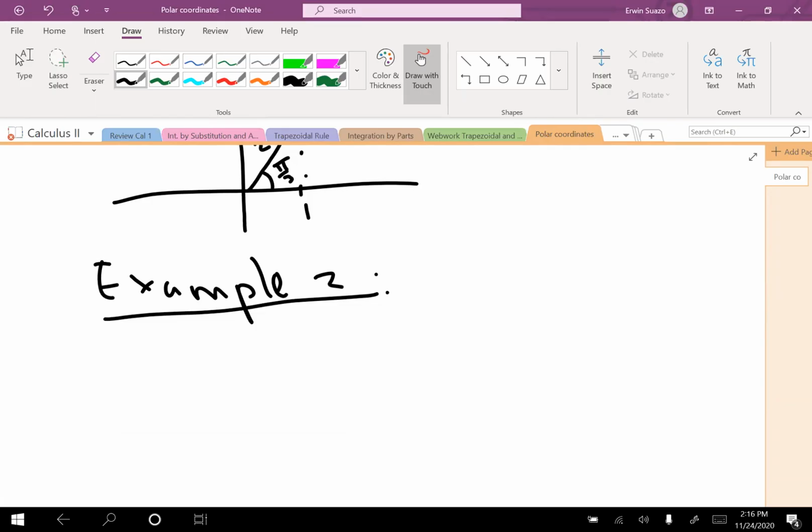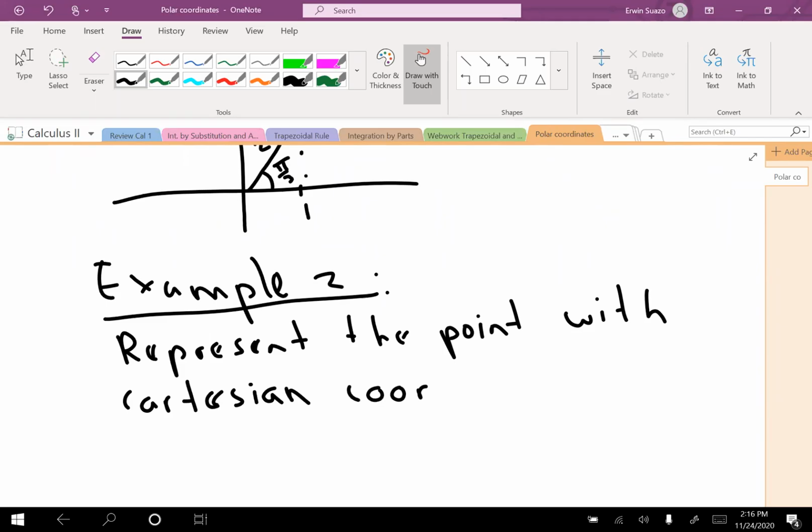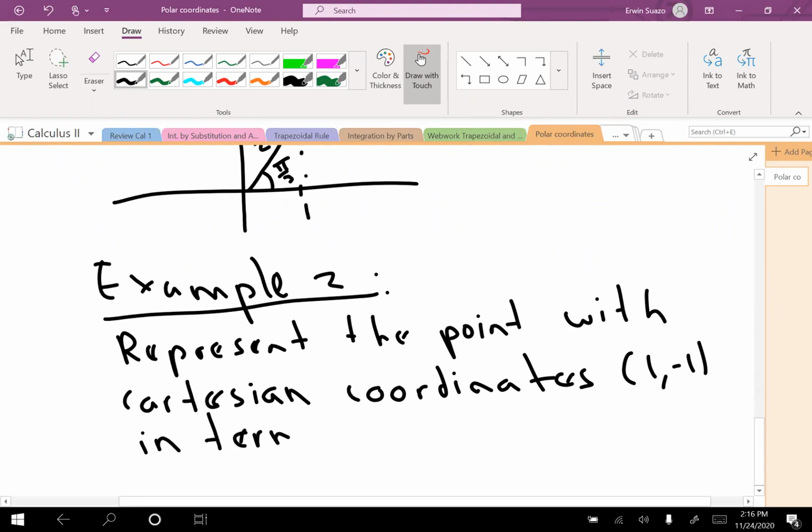Represent the point with Cartesian coordinates (1, -1) in terms of polar coordinates.